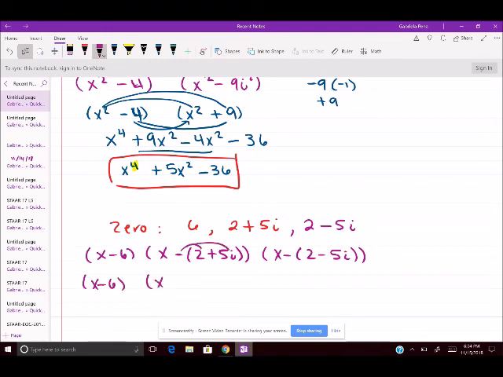Distribute the negative, negative 2, negative 5i. Distribute the negative, negative 2, and a positive 5i.